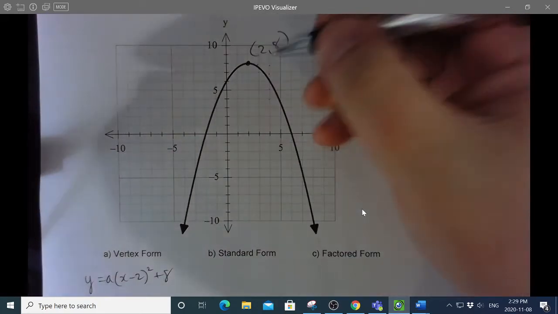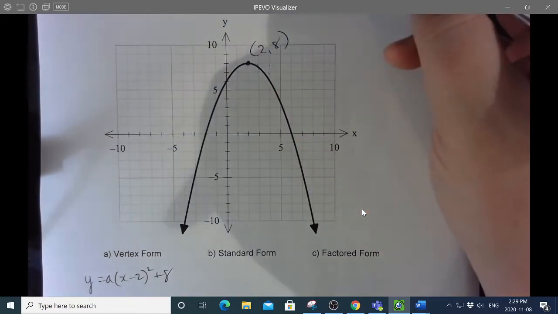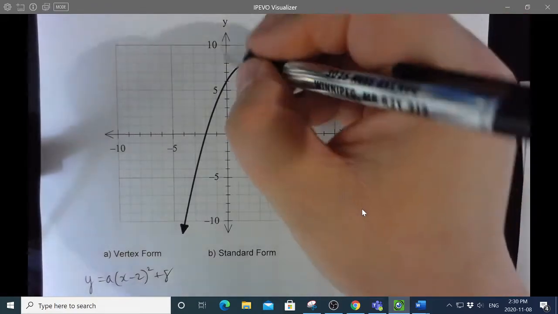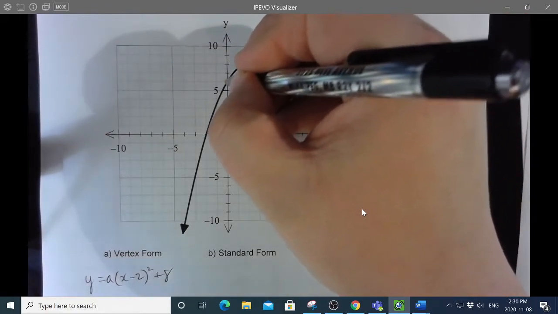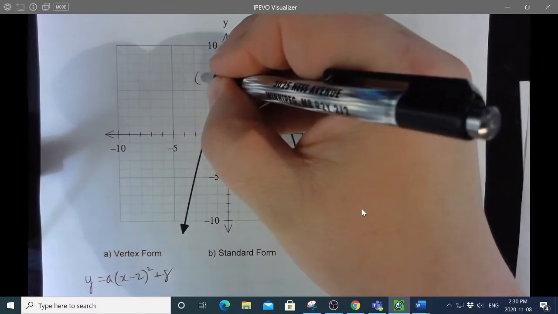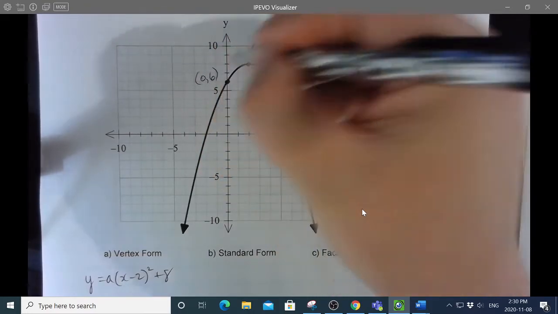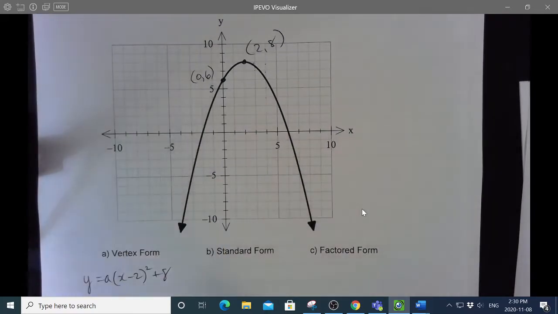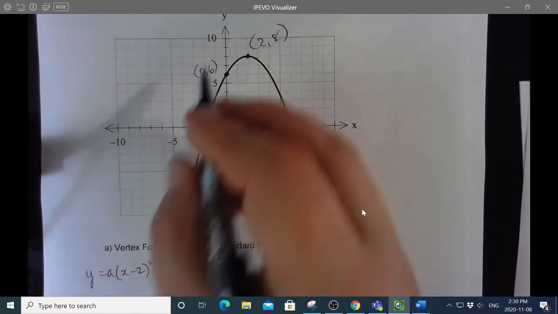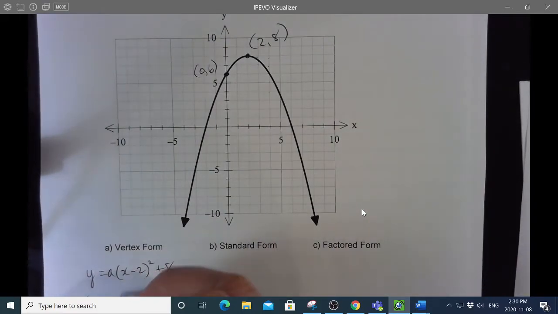So I think I know that a is a half, but you know what? I can actually check it with, I need this point anyway. This is my y-intercept, where x is 0, y is 6. I can use that to make sure that my a is a half. So when I know that y is 6, I know that x is 0.